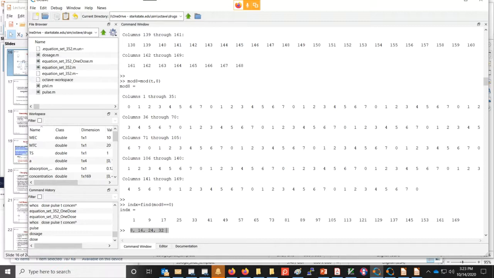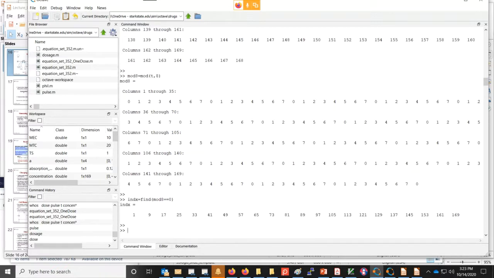But since my t vector starts at 0, we've got to add 1 extra to it. So instead of it actually being 8, 16, 24, 32, and 40 and so on, it's 1, 9, 17, 25. It gets 1 more added to it. Okay. But the modulus function is a nice way to get these nice even pulses in here.